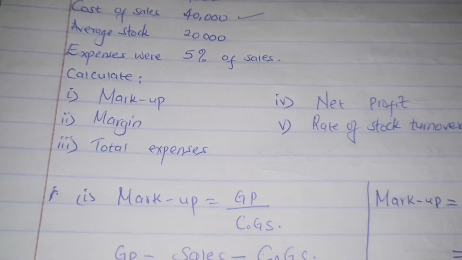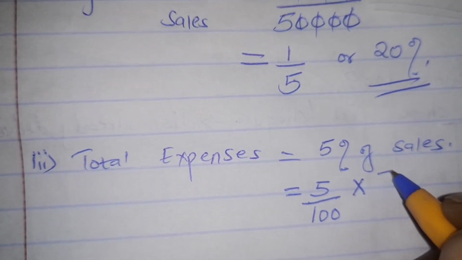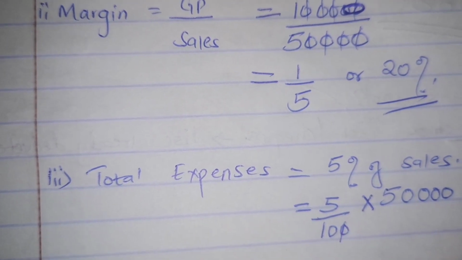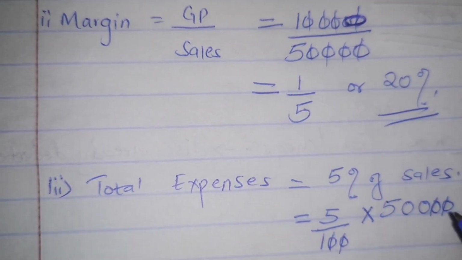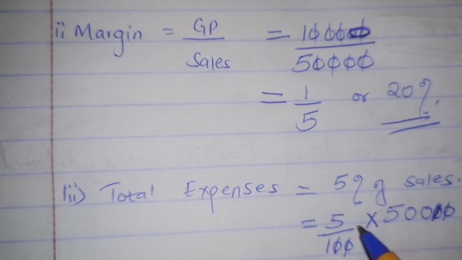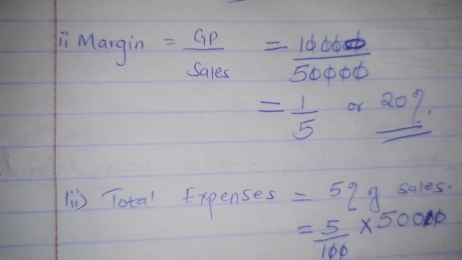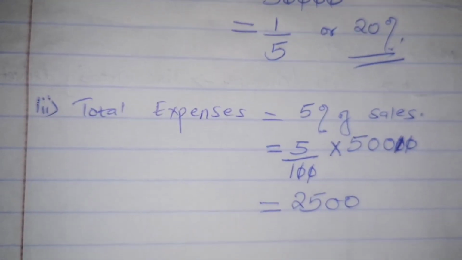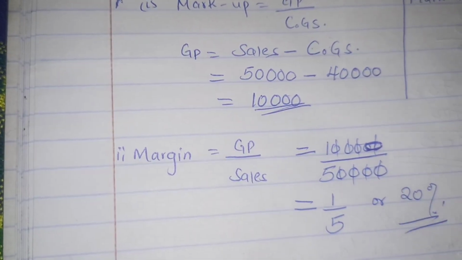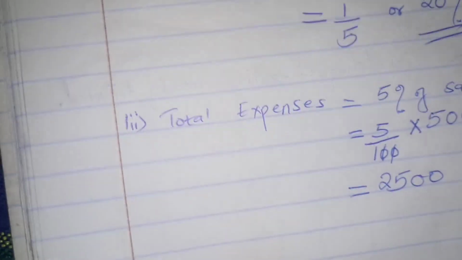The sales figure is 50,000. And therefore, learners, this gives us 5 times 5 is 25 and 2 zeros, so 2,500 shillings.